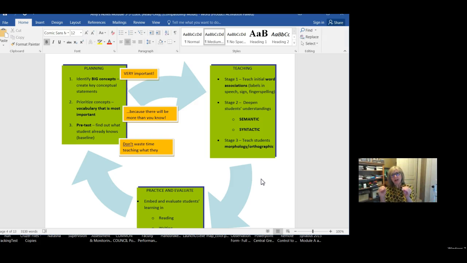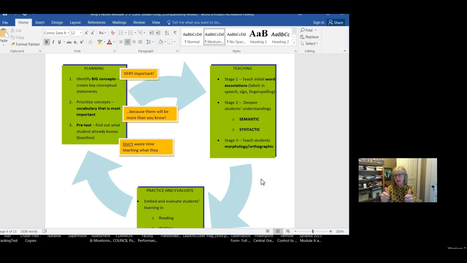Then for teaching, I've broken it down, and this again is based on Yang's theory, where they have the 3 stages of learning vocabulary. The first stage is word associations, and so your activities will be for helping students make that initial association between the word, maybe its print, and the sign, and maybe finger spelling.